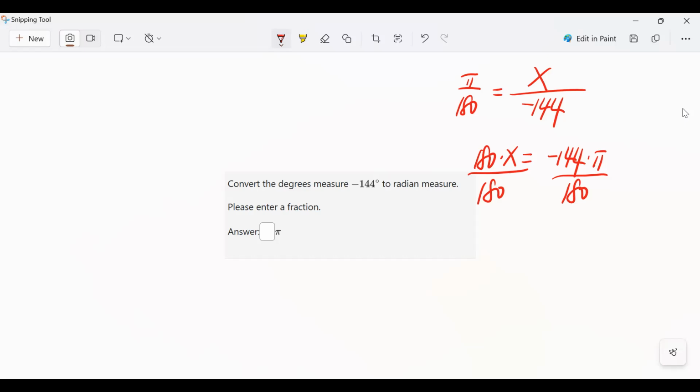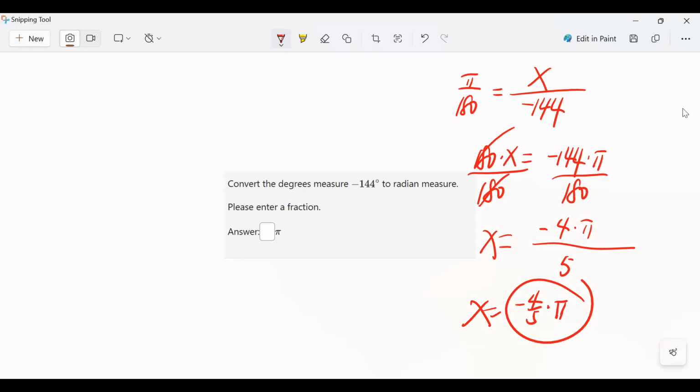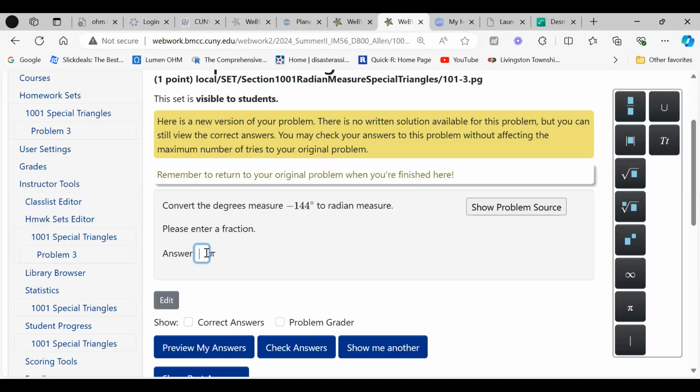Both of these can be reduced by 36 on the right hand side. 144 divided by 36 is minus 4, and 180 divided by 36 is 5. So this is equal to minus 4 over 5 pi. That's how you convert negative angles. No major difference.